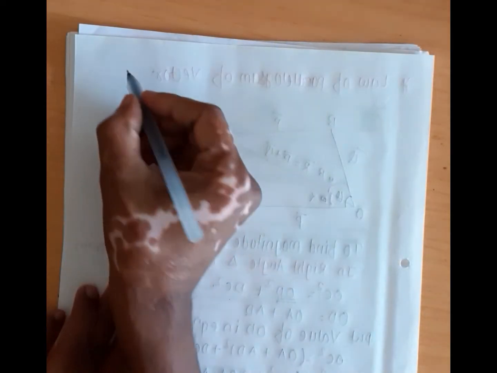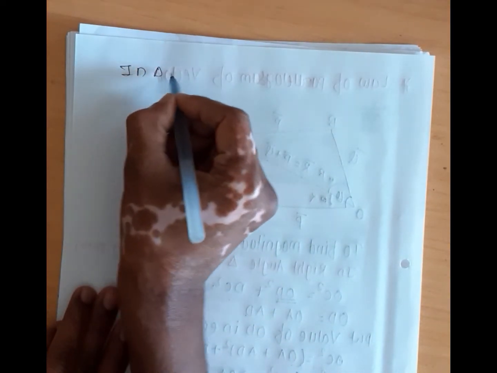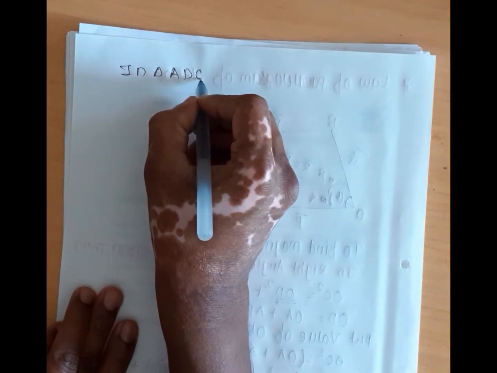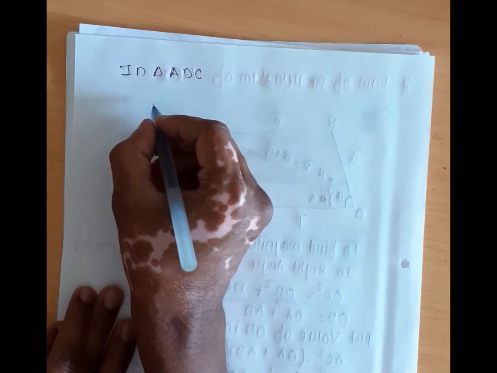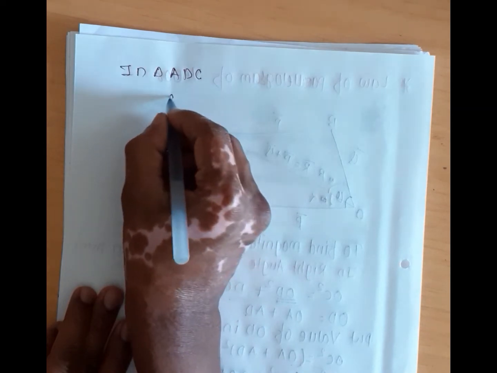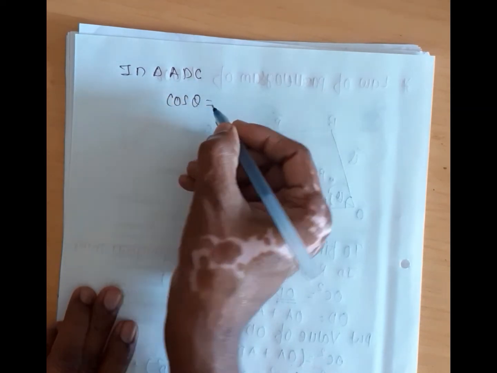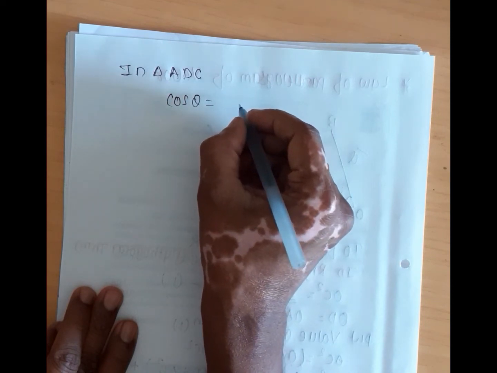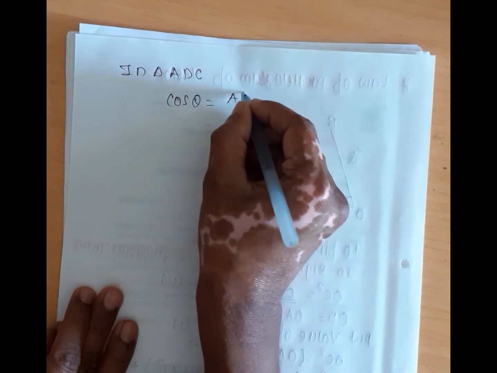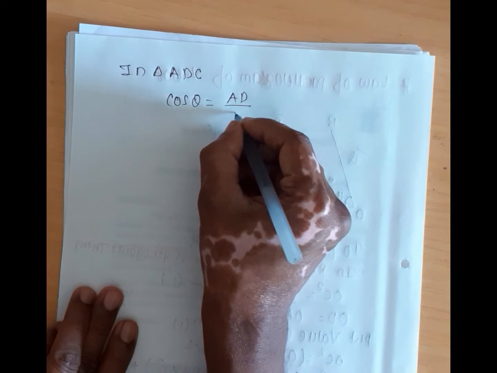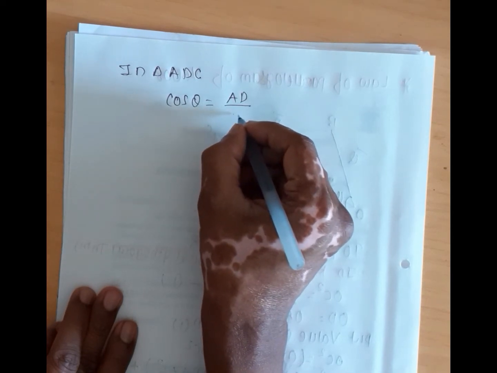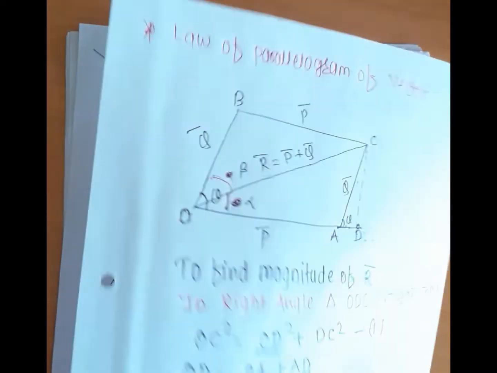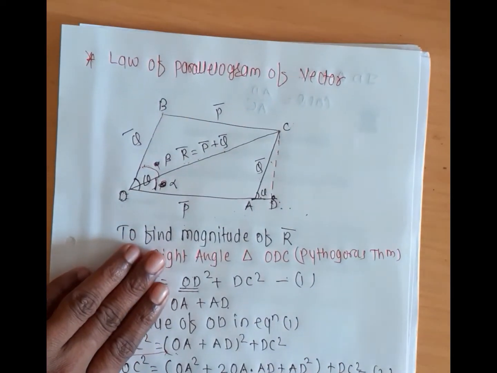Now in triangle ADC, cos theta is equal to AD upon AC. Why? Because see the diagram again.